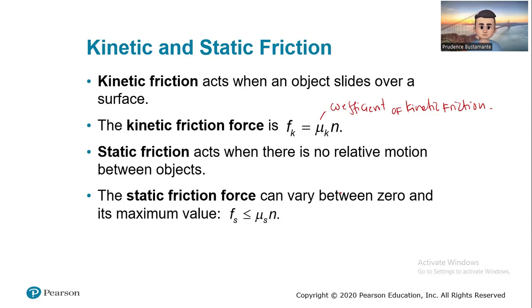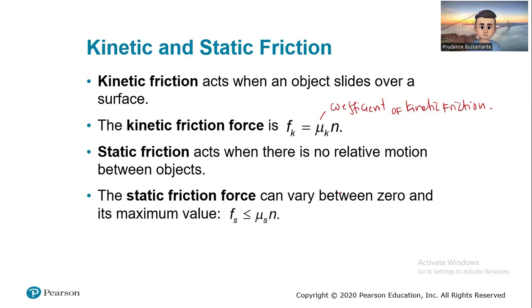From the word static, which is relatively no motion, when you push an object and it doesn't move, you already applied a force on it, but it remains at rest. Even though it's not moving, there's already a friction as long as you apply the force on it. The friction is called the static friction force.